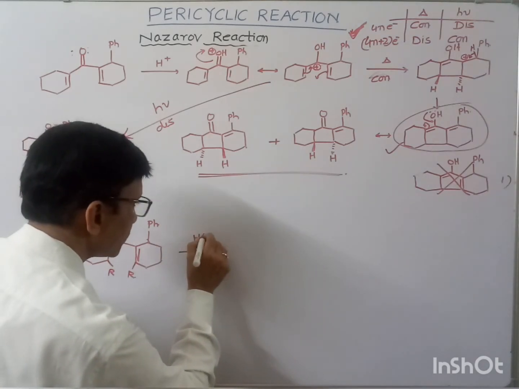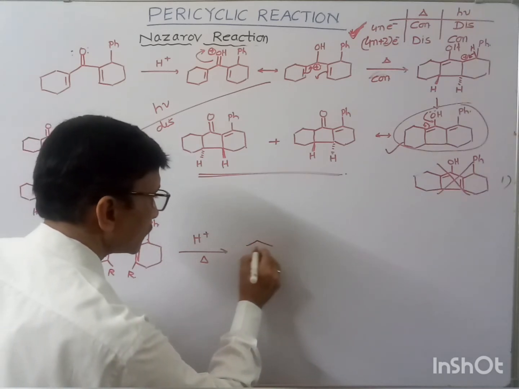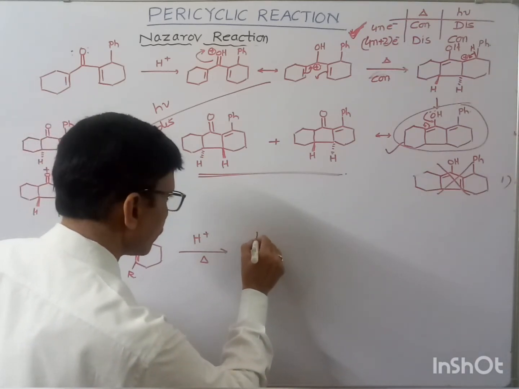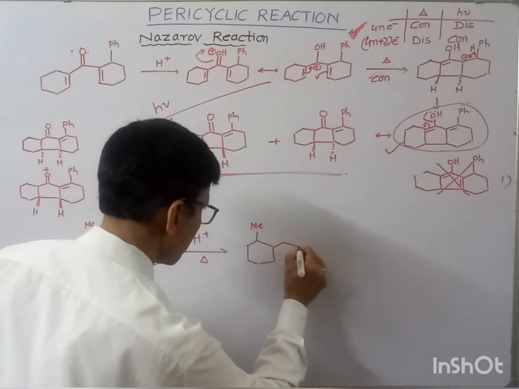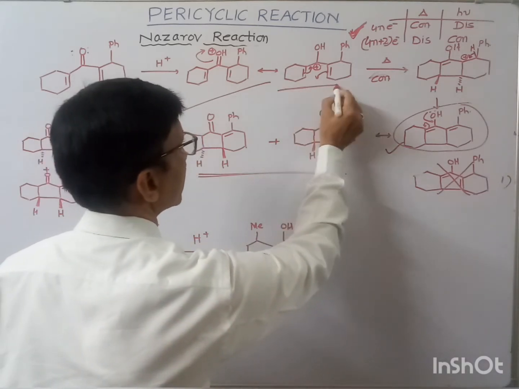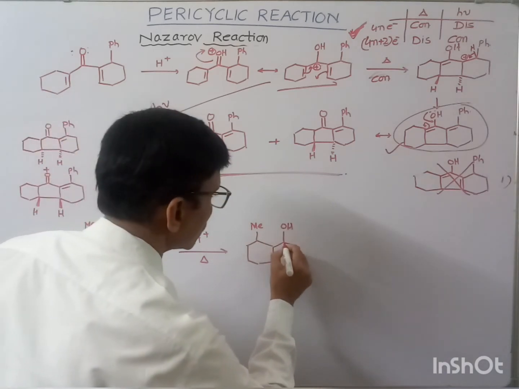In presence of H plus and under thermal condition, one of the intermediates will be formed. Here OH will come. In the same way, I may write the product in the same manner.